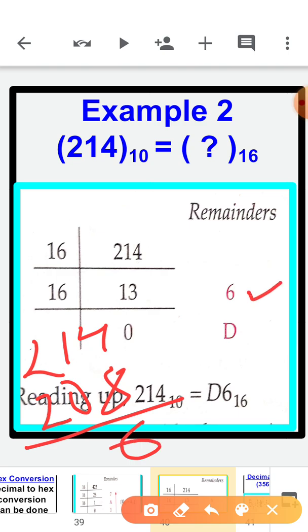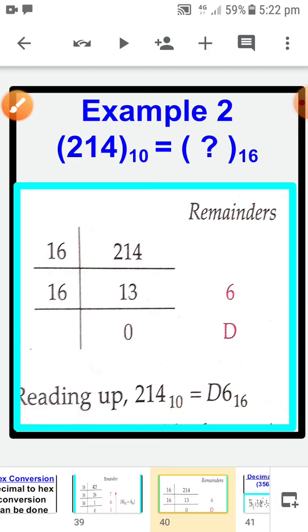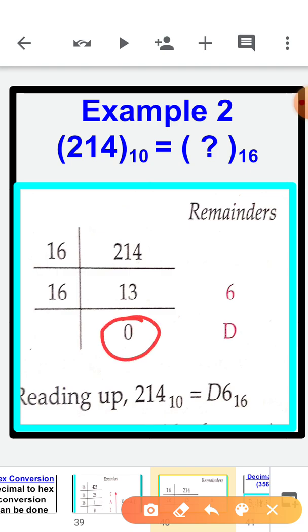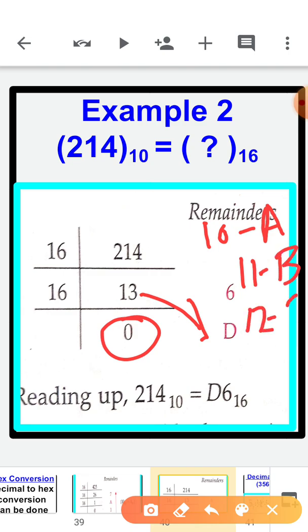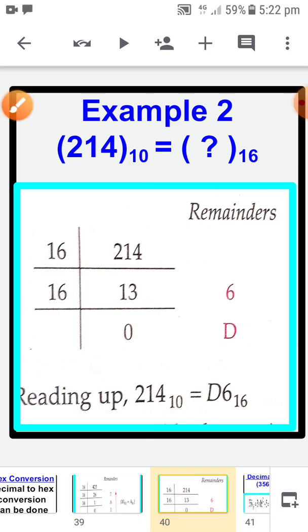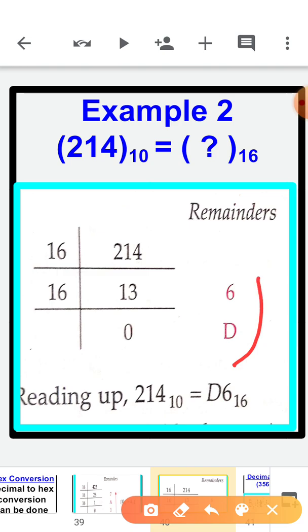6 is the remainder, and we write it here. Now 16 can't divide this 13, so it gives you directly 0, and this 13 shifts here. I told you that 10 can be represented as A, 11 as B, 12 as C, and 13 as D. So we have 13 as a remainder, and we can represent it as D. Again we write from the lower side: D6.